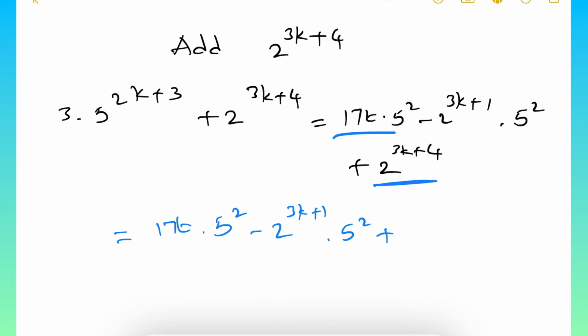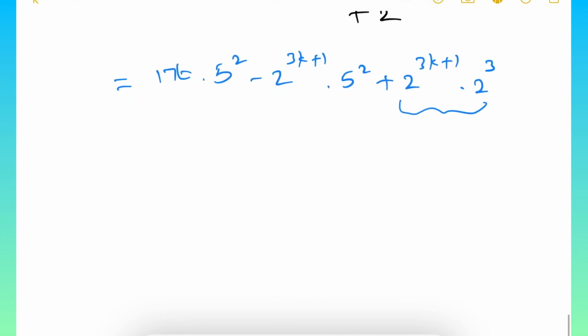I will write that as 2 power 3k plus 1 into 2 power 3, because these two bases are the same. If we add the powers, 3k plus 1 plus 3, it becomes 3k plus 4 only. Why am I separating it like this? Here we have 2 power 3k plus 1, so here also if we have 2 power 3k plus 1, then we can take it out common.